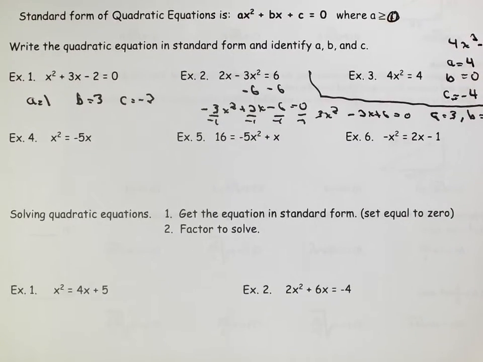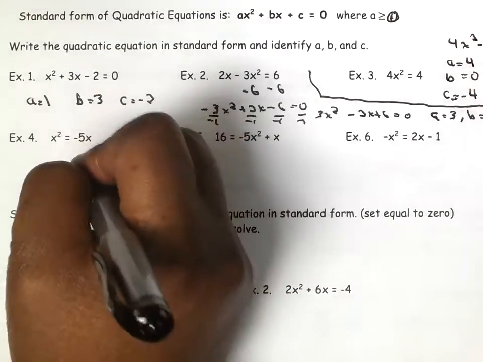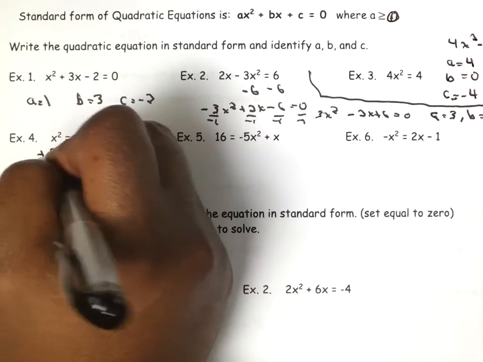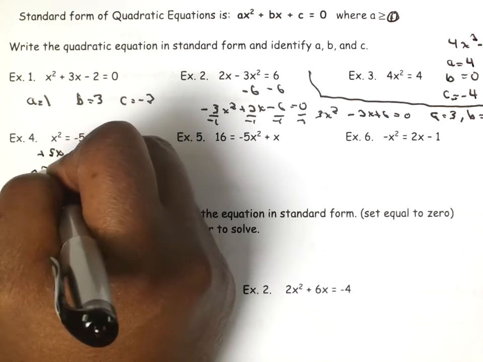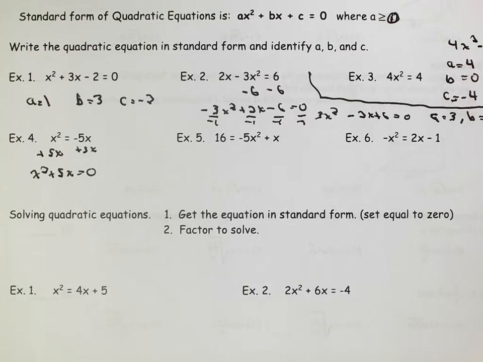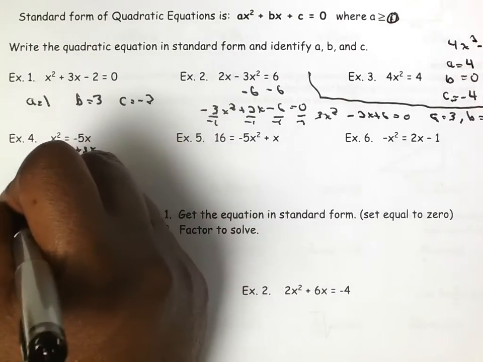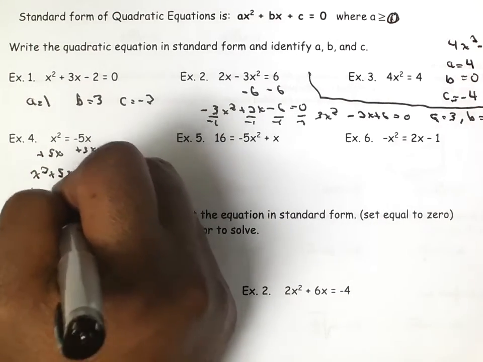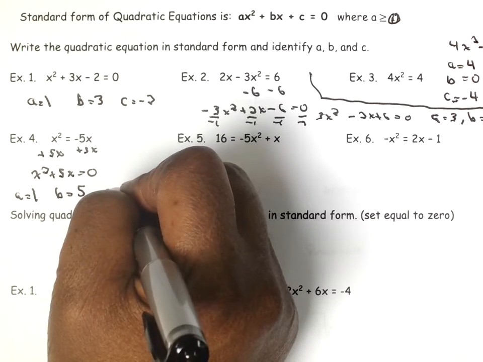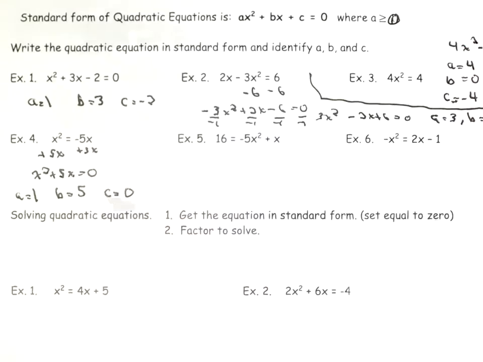We go down to number 4, and we have the same problem. I need to get it equal to 0 first, so we have to add 5x. And I get x squared plus 5x is equal to 0. So a is equal to 1, b is equal to 5, and this time c has to be equal to 0 because there is no constant there.